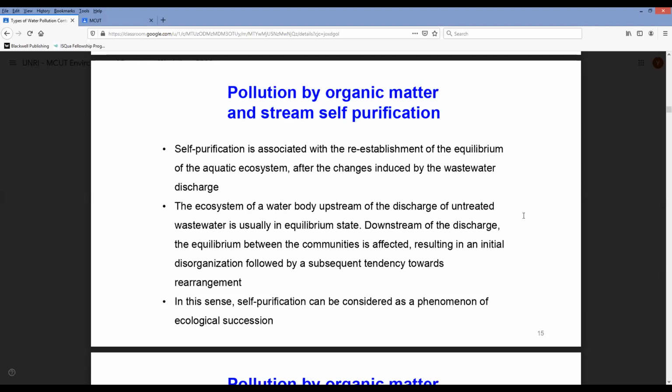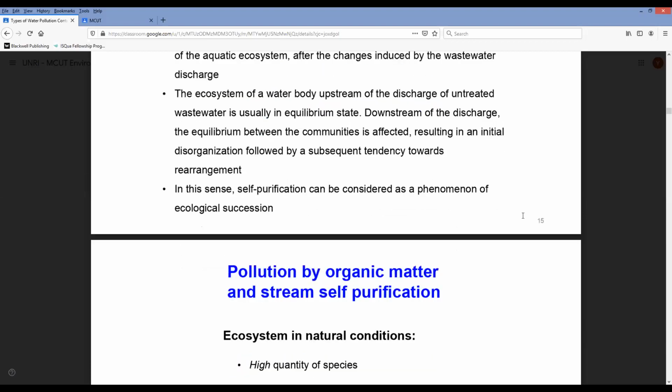Downstream of the discharge, the equilibrium between the communities is affected, resulting in an initial disorganization, followed by a tendency toward rearrangement. In this sense, self-purification can be considered a phenomenon of ecological succession, which means the phenomenon is continuous. Next please.